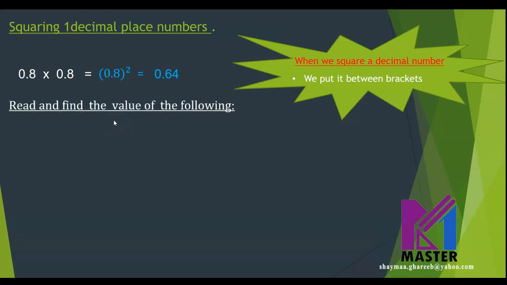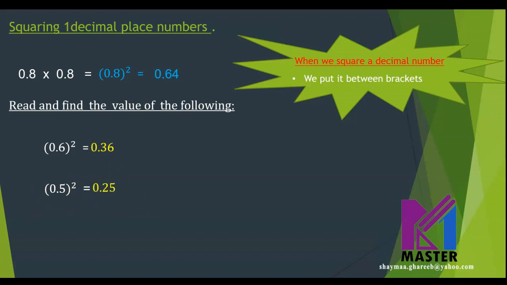Now let's see one more example. Let's find the value of this one. 0.6 squared, or to the power of 2. 0.6 times 0.6 equals 0.36. So 0.36 is a square number. Now 0.5 squared is 0.